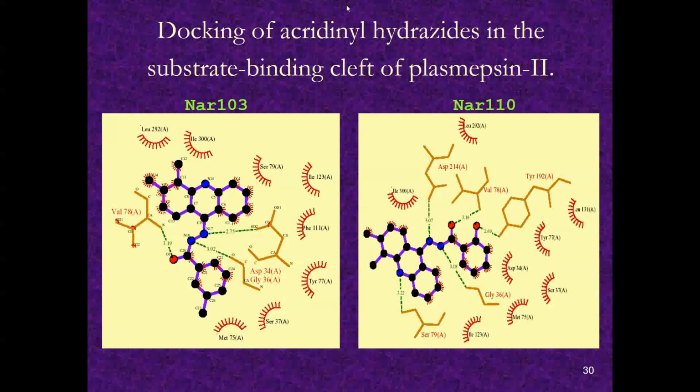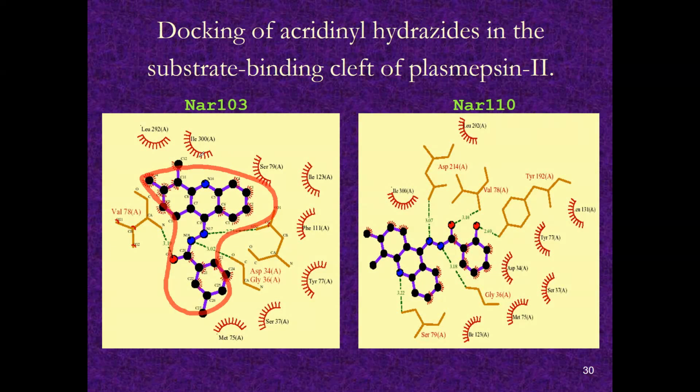This slide is showing the predicted interaction between the potential drug compounds and the enzyme structure. The dotted line showing the hydrogen bonding and other type of interactions like hydrophobic interactions and so on.